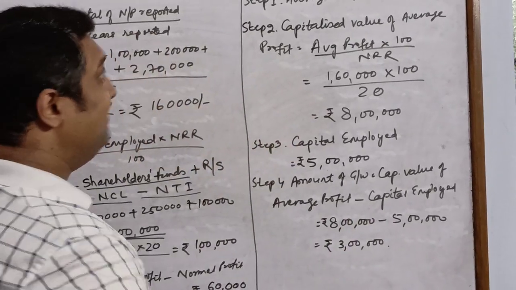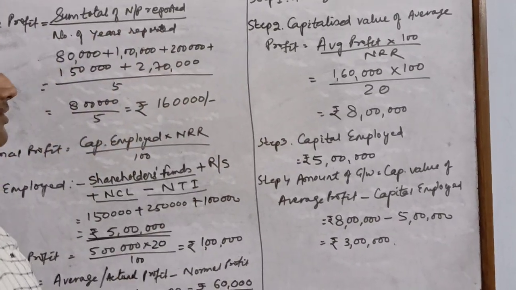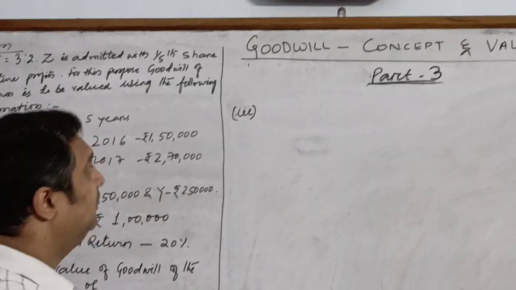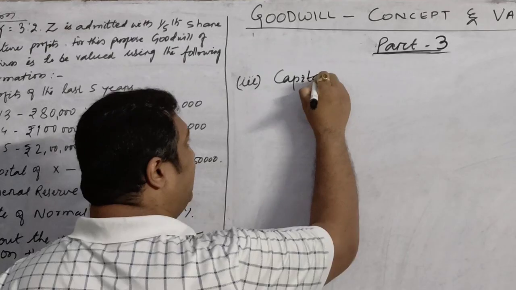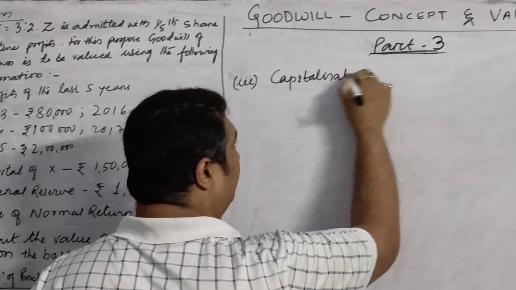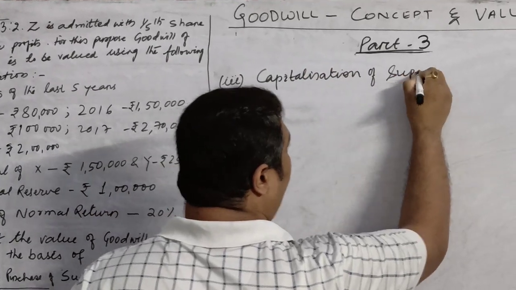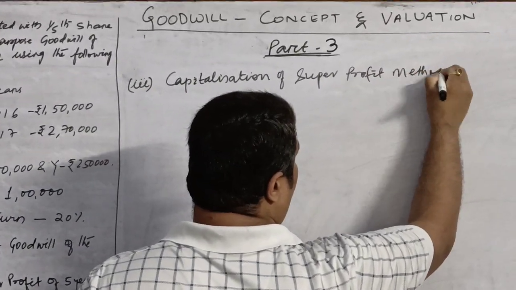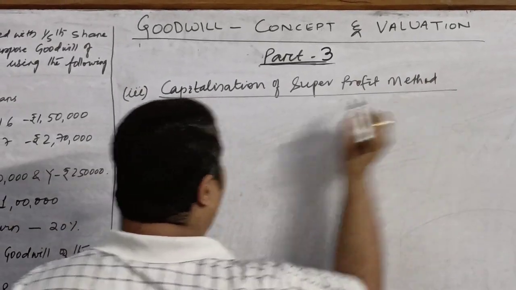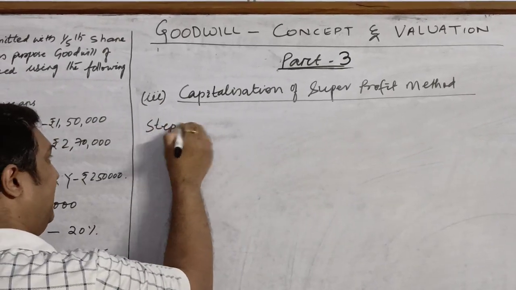Now we will solve the same sum with the help of the capitalization of super profit method. This is the third method of finding goodwill. In order to do this, once again we will follow the steps which we had discussed.